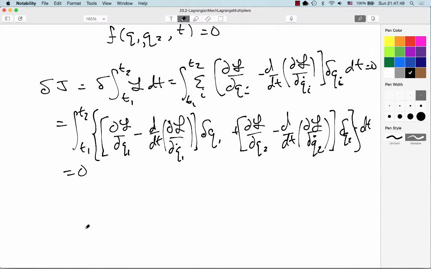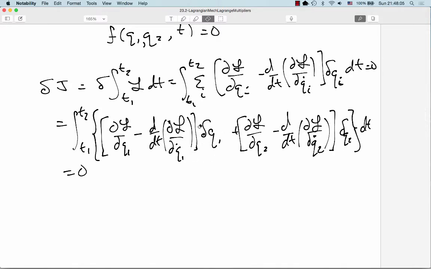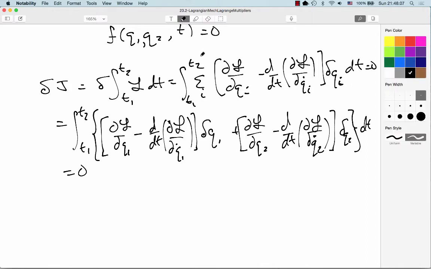Now, before, when the variables were all independent of each other, because we had already chosen generalized coordinates that took the constraints into account, we could just say each term in brackets has to independently vanish. But here we can't say that, because these two terms are now not independent.